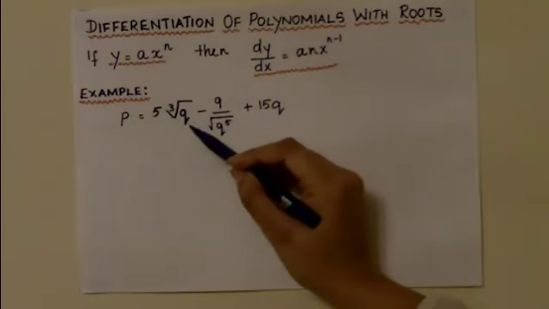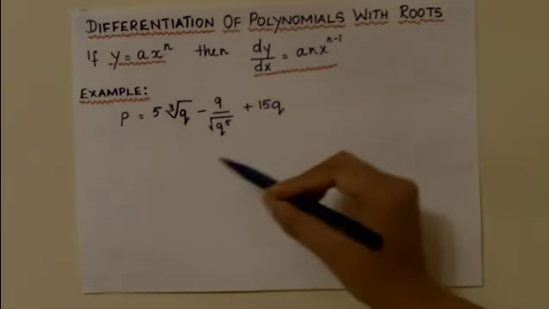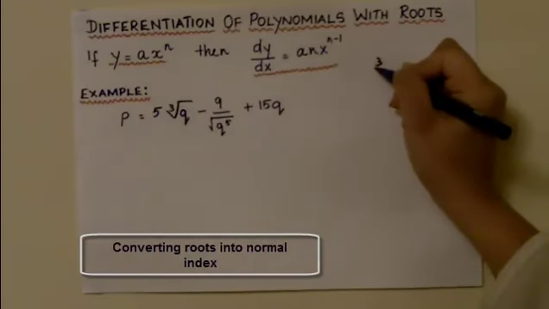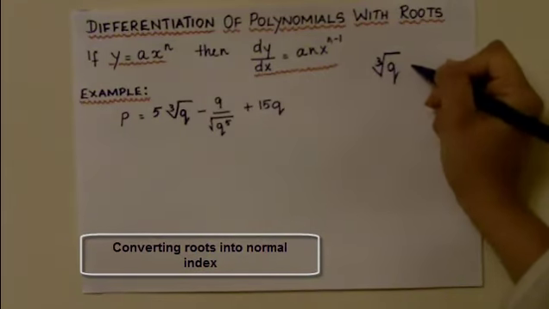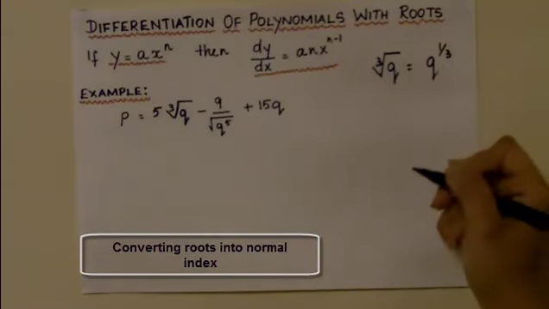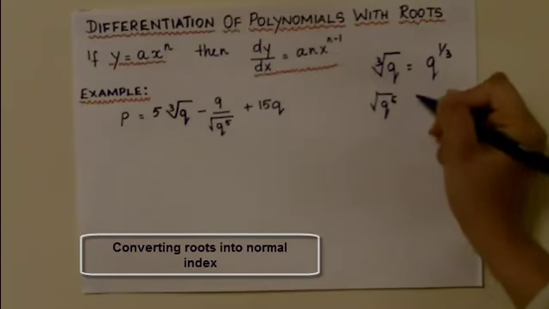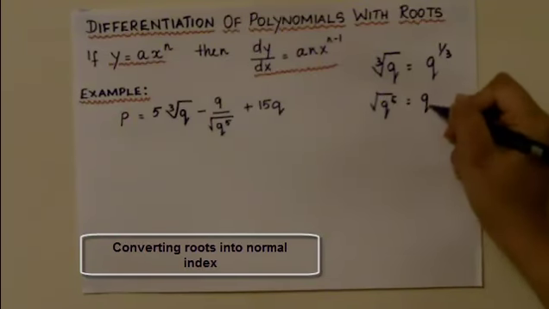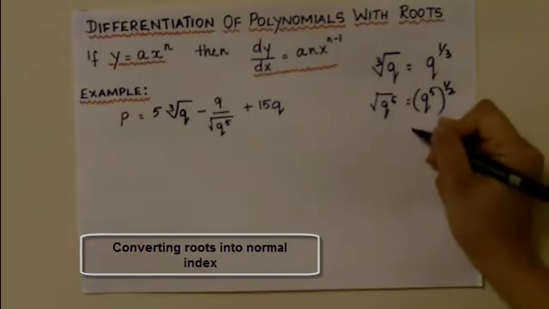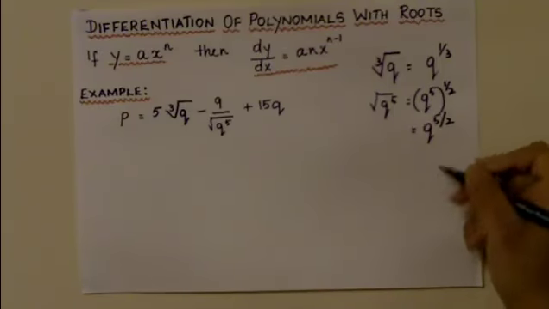So we first need to convert each of these roots into a normal index. We know that cube root of q is equal to q to the power of 1 over 3. Similarly, square root of q to the power of 5 is equal to q to the power of 5, and the square root is half, therefore it is q to the power of 5 over 2.